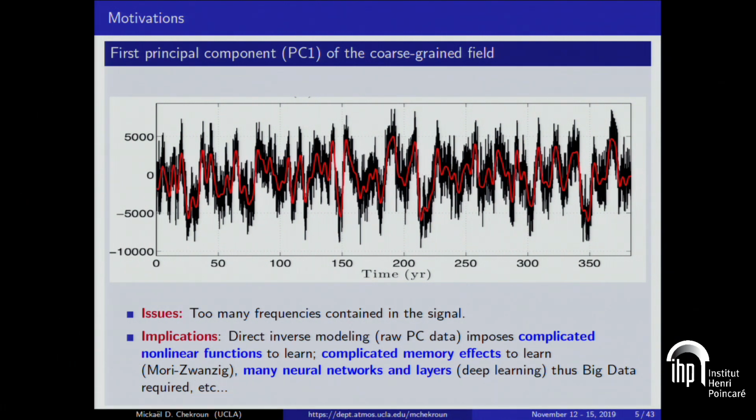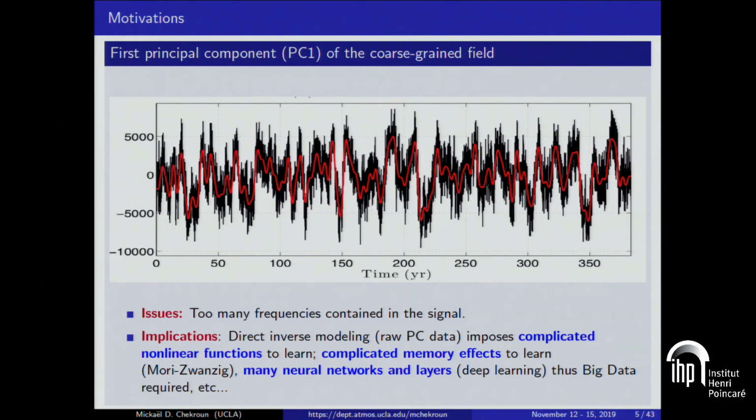And if you are an aficionado of machine learning techniques, you will have to deal with a bunch of layers in neural networks. And therefore, you will need a lot of data to learn your parameters. So in a certain sense, we're going to take an orthogonal approach.